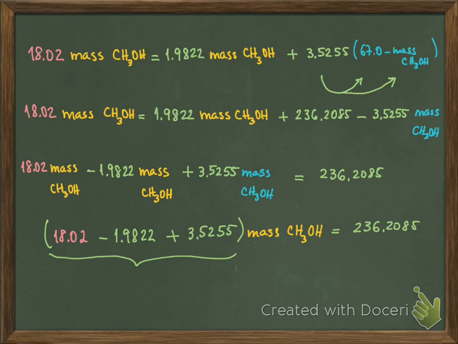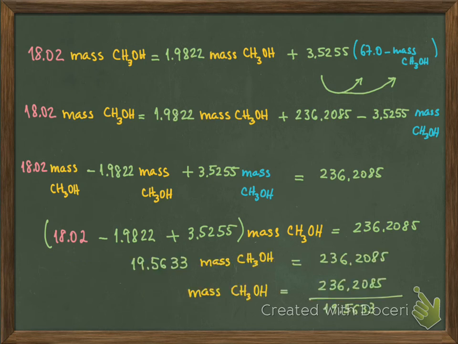And this number becomes 19.5633. And so we are going to basically have a number multiplying our x, if you will, mass of methanol is what we're after, equals this independent number over here.